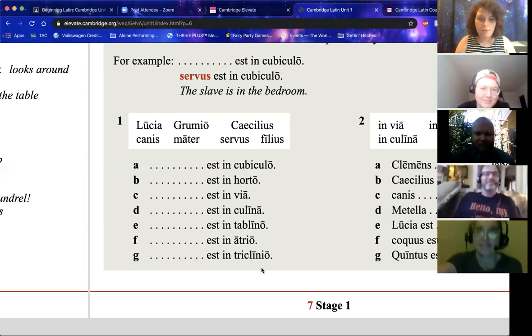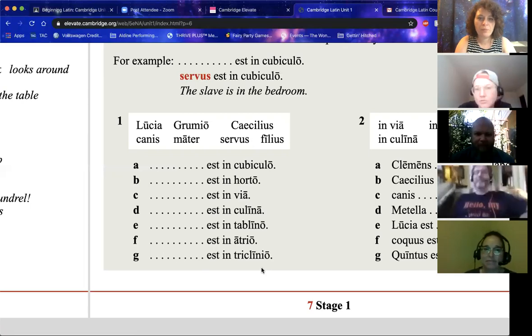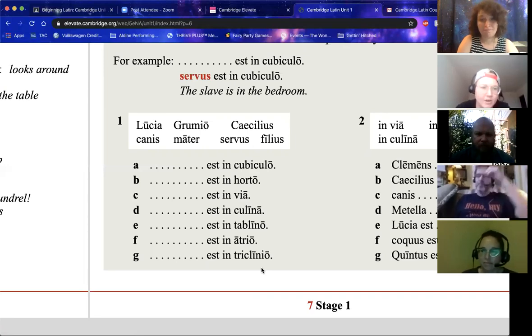Okay, and then letter B. Let's give this one to Megan. Blank est in horto. Well, that could be a couple of answers. I think either Lucia or Caecilius, since they're kind of head of household. In the text, it mentions Caecilius in the garden. If you run into memes from Cambridge, all of them will have Caecilius est in horto.